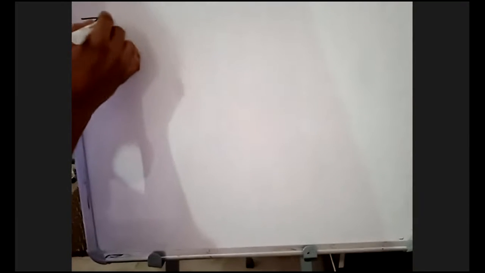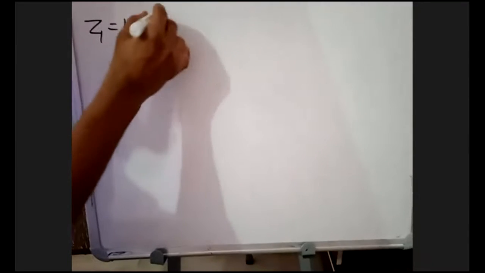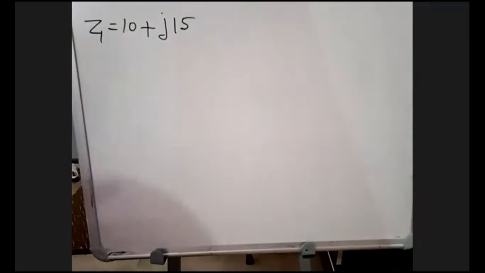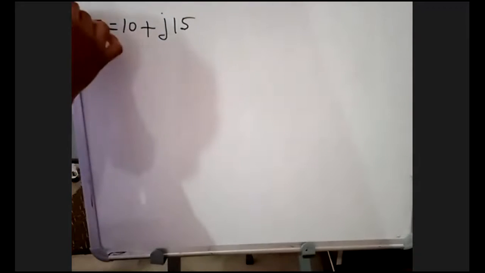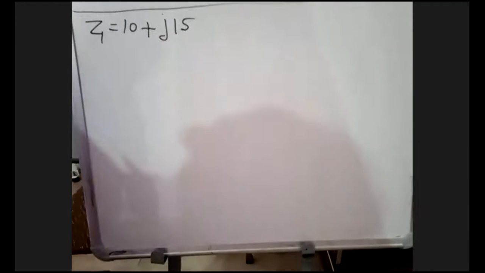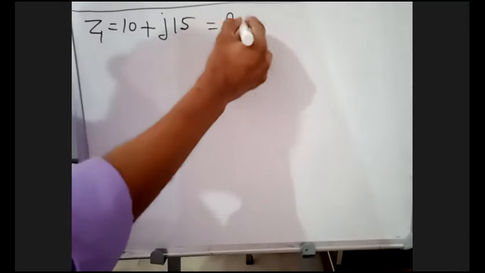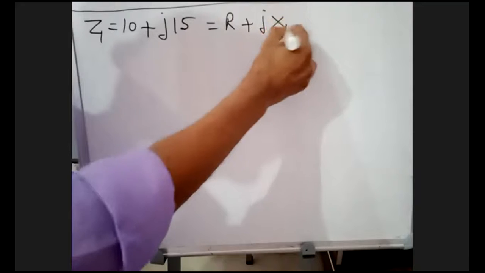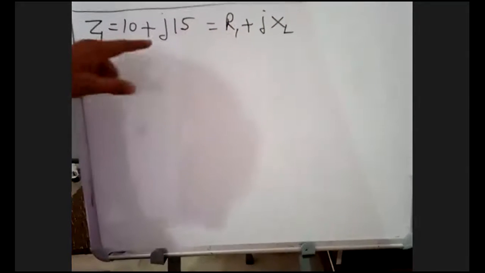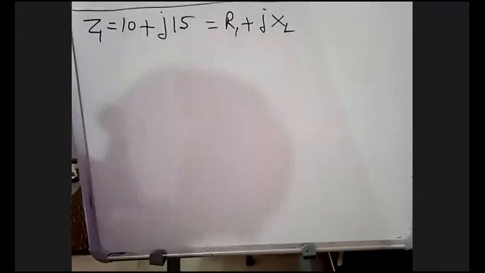Z1 is equal to 10 plus J15. Here, if plus J is there, what is this circuit? If plus J is there, it is XL.